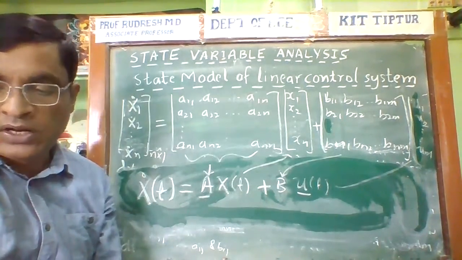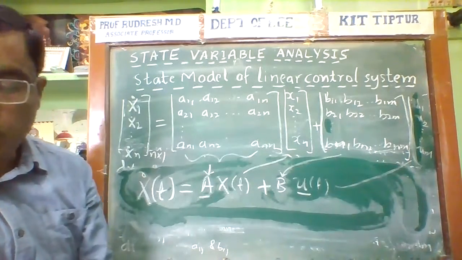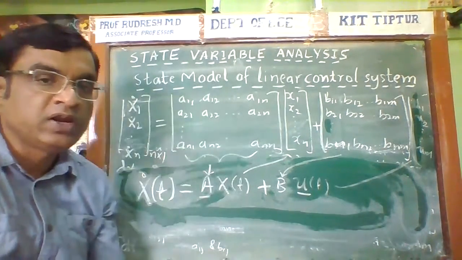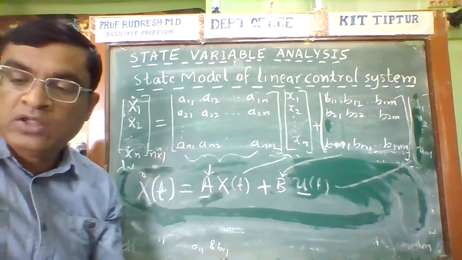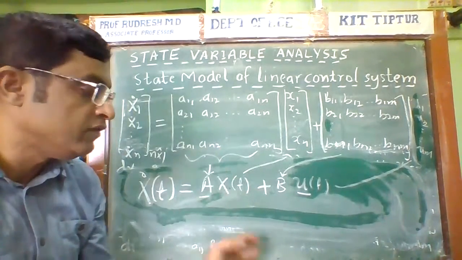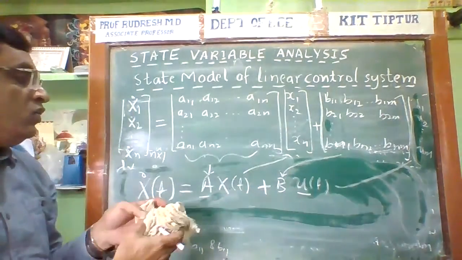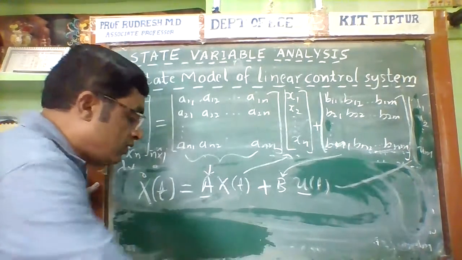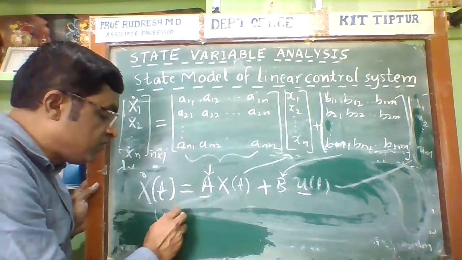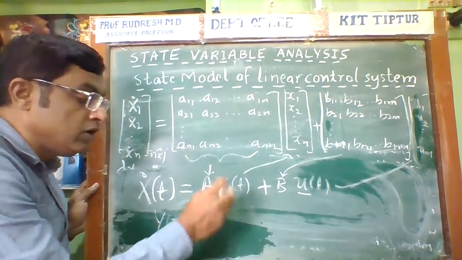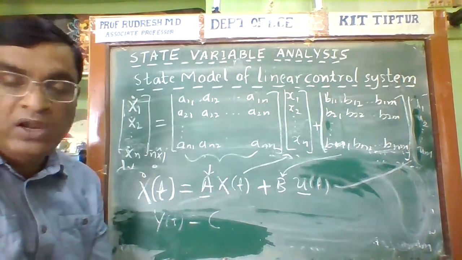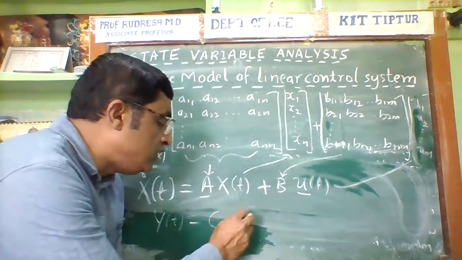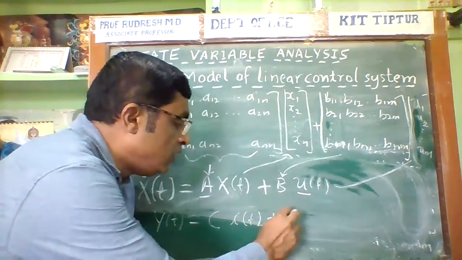Similarly, we can write the output vectors. The output of the system, y of t, can be expressed as a linear combination of the state variables and the input: Cx plus Du.